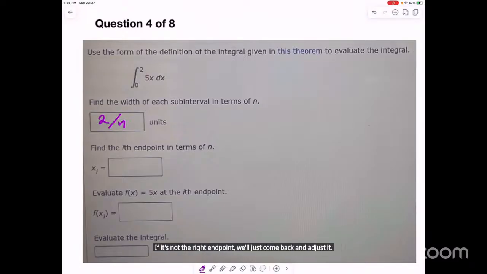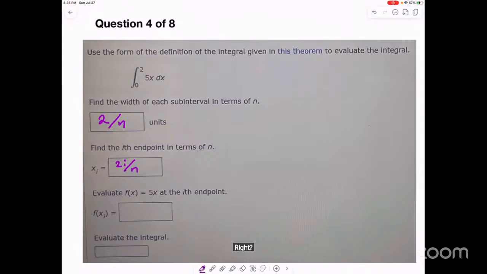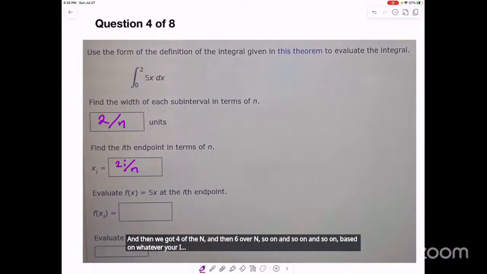But if we do this based on the right endpoint, so 0 plus 2 over n, I think it would just be 2i over n, right? So the first one was just going to be 2 over n, and then we got 4 over n, and then 6 over n, and so on, based on whatever your i is, okay?